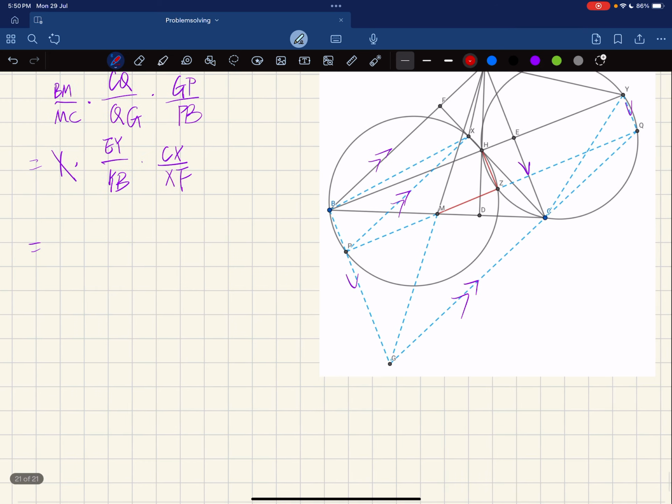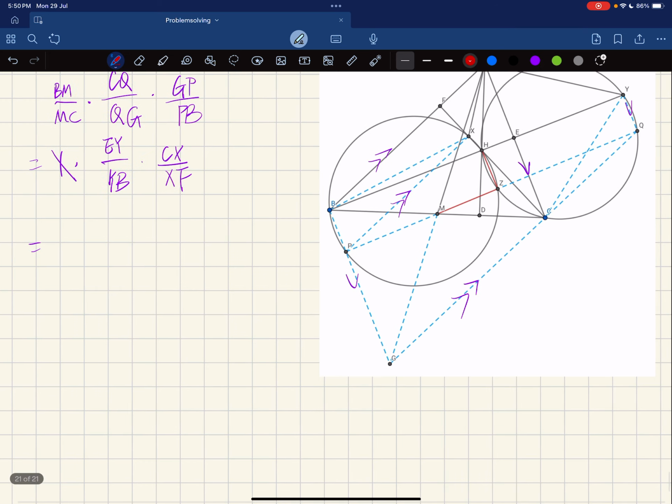So what can we get from that? Since we know that, EY equals AY times cosine half of angle A, over YB, and times CX.